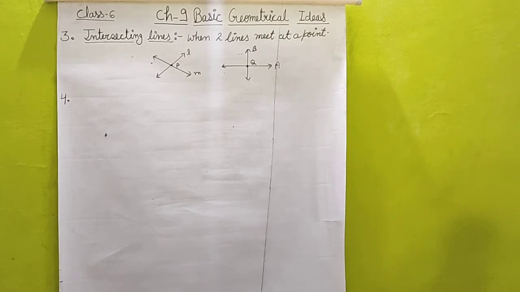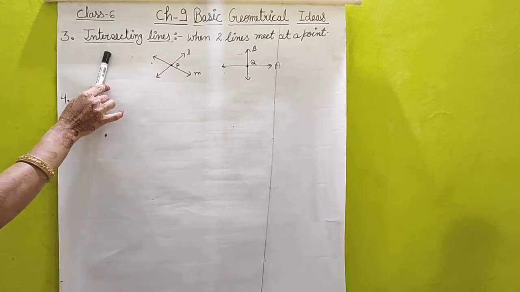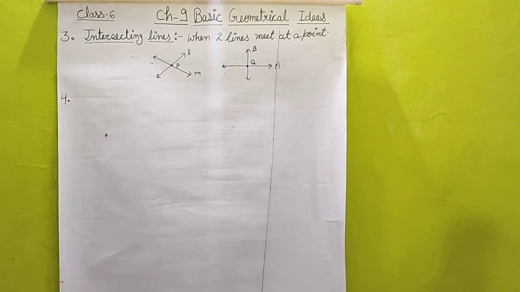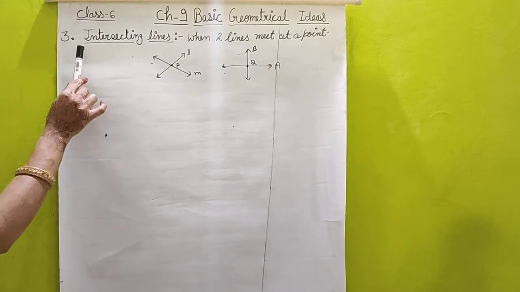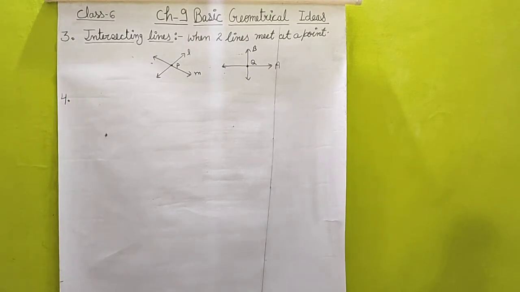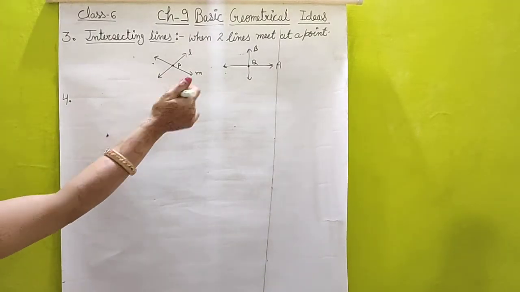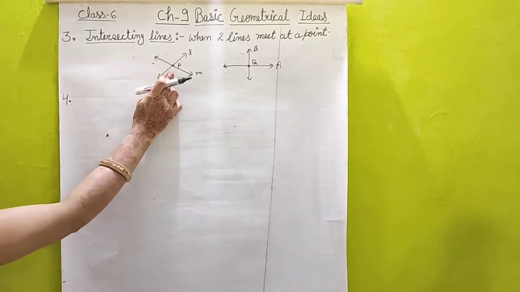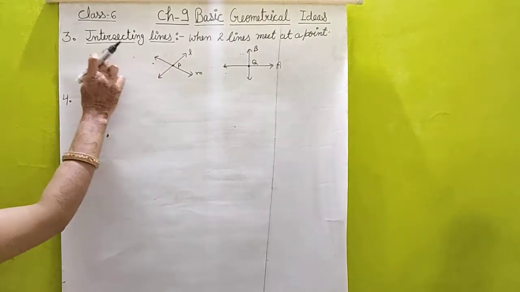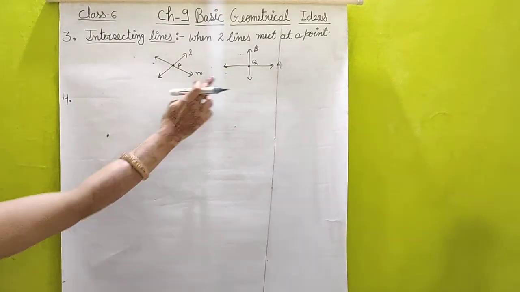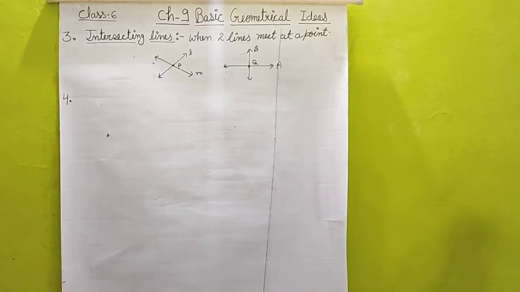Point number third, students, intersecting lines. Intersecting lines means lines which intersect each other. Intersect means they will meet at a point. When two lines meet at a point, they are known as intersecting lines. Students, two figures I have drawn here.